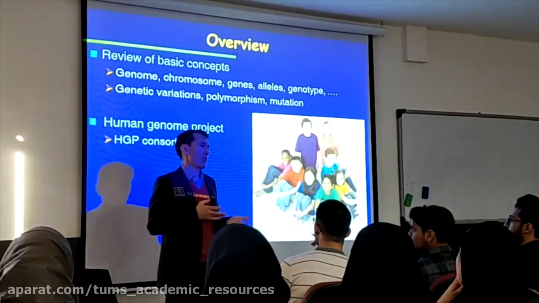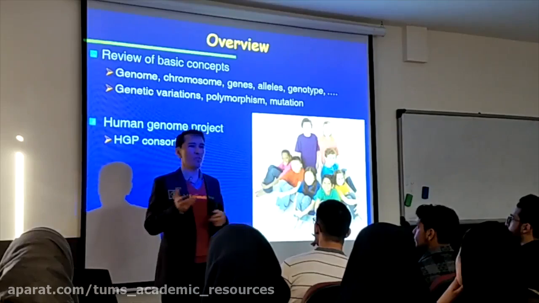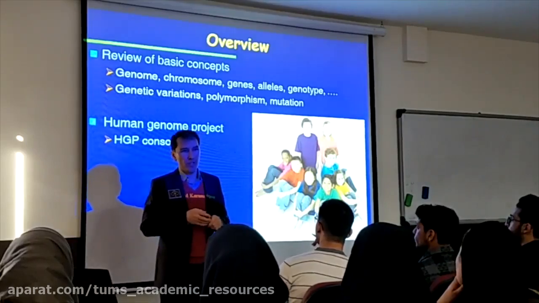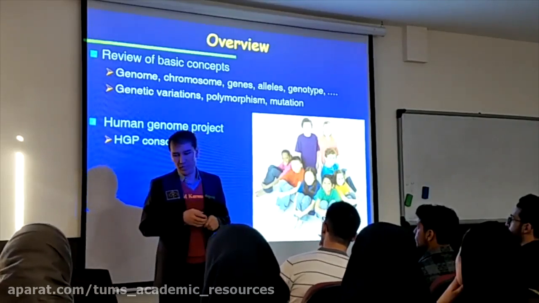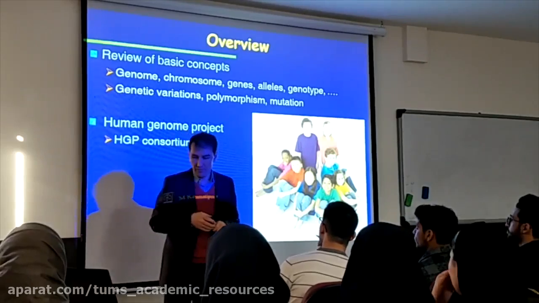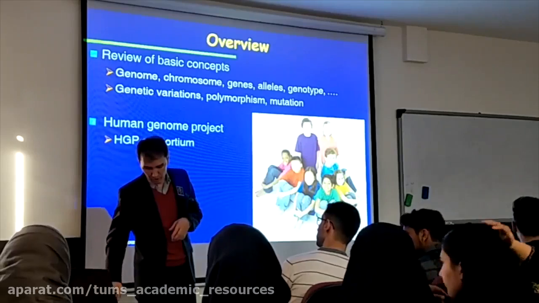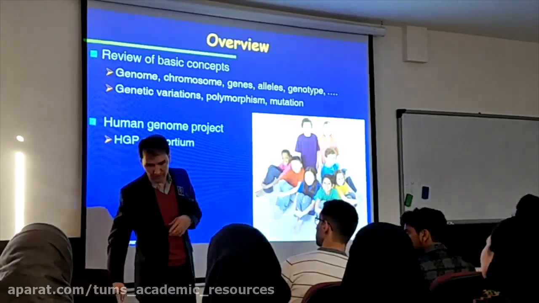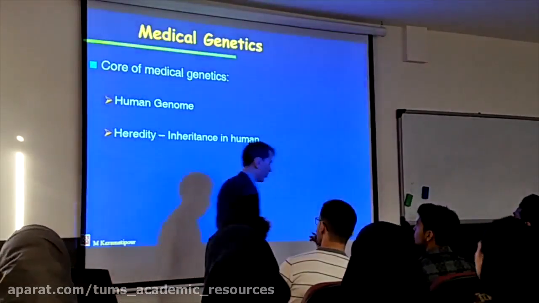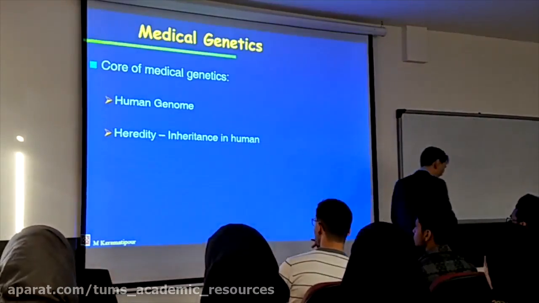So what is polymorphism? What is variant? What is mutation? These are the terms that I expect you know by the end of these lectures. If we get a chance, we may talk a little bit about the Human Genome Project, but let's see what happens and how we can get on with the lecture.